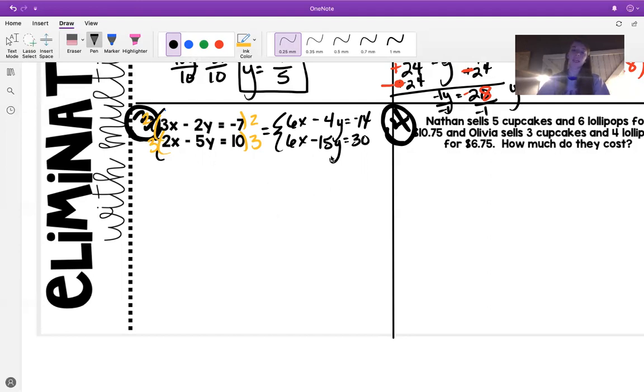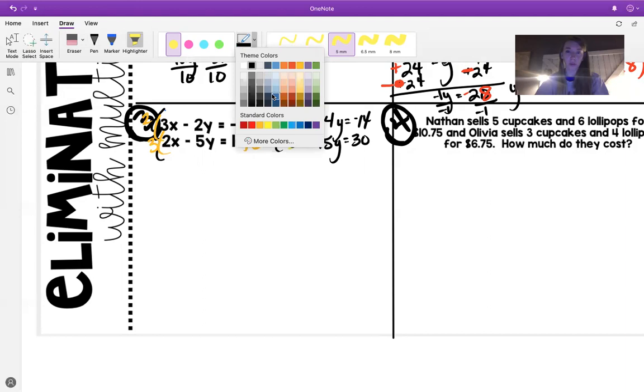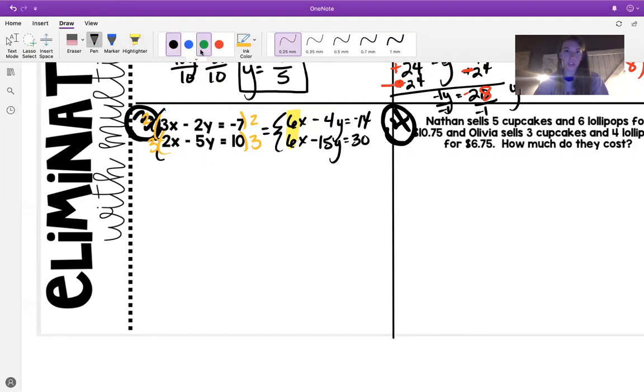All right. Now, I see that my 6's are the same, and so we can eliminate those. They're both positive, and so in order to eliminate them, we would need to subtract the equations from each other, because a positive 6x minus a positive 6x is 0.